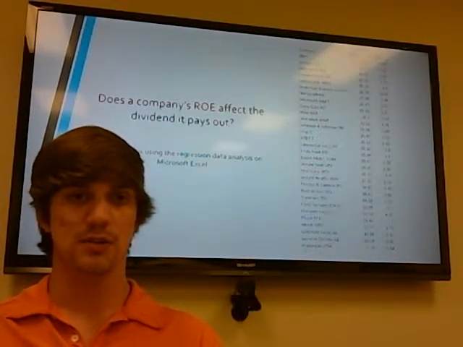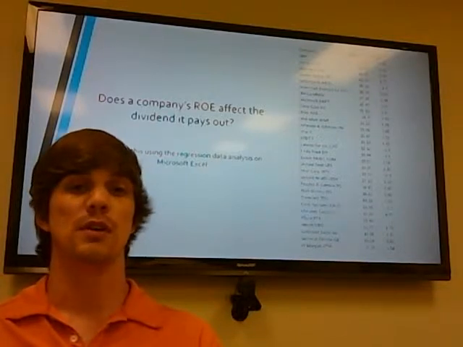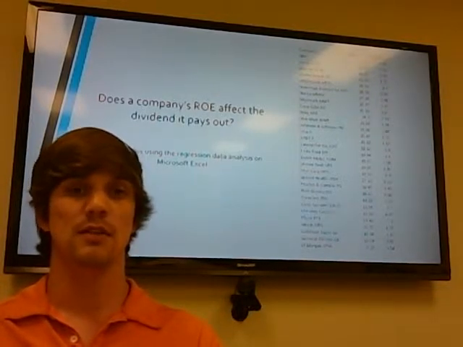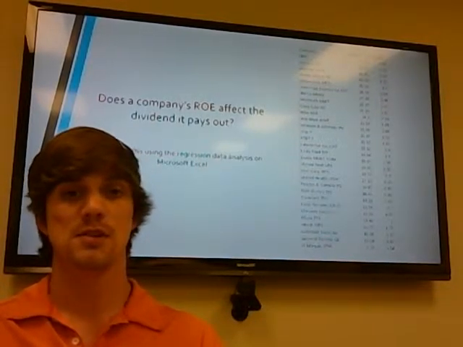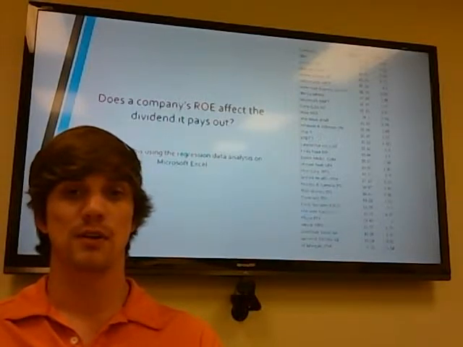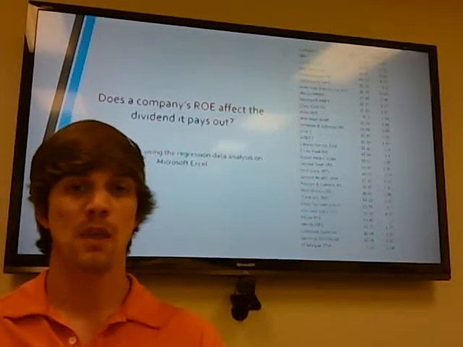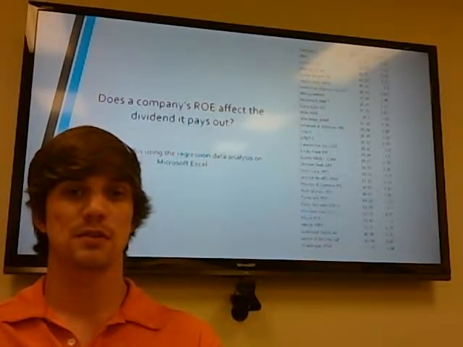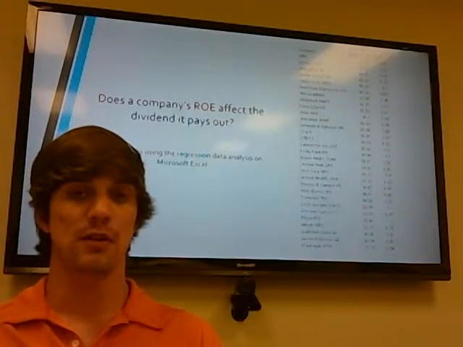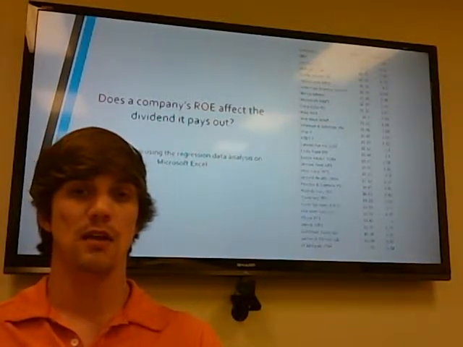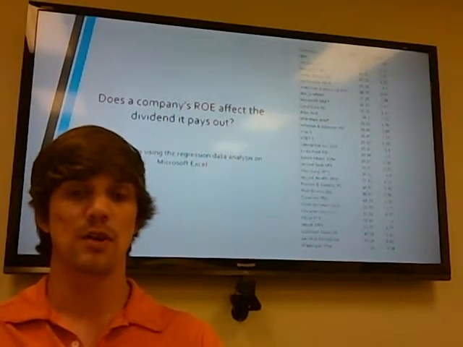So let's get into the question. Does a company's ROE affect the dividend that it pays out? That's what I wanted to test. It seemed like it would work. Seemed like it'd be a good thing to look at when investing. So I took all the Dow 30 companies and inserted their ROE numbers and their dividend numbers.